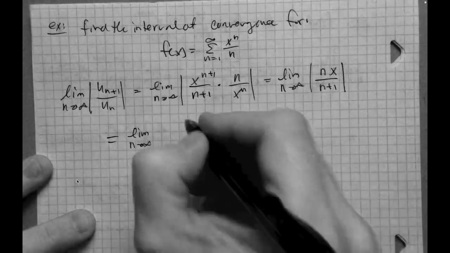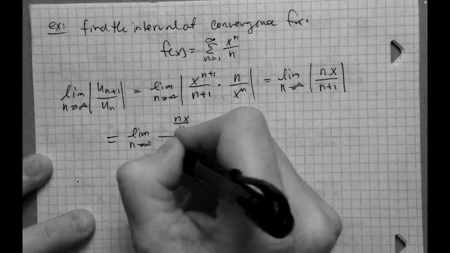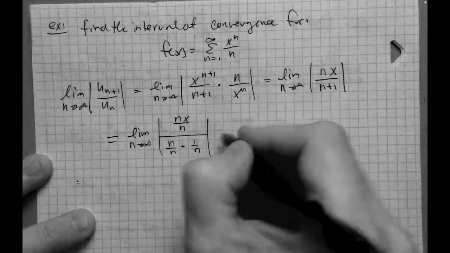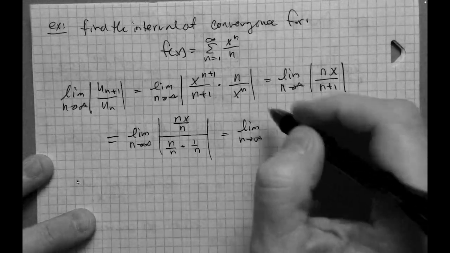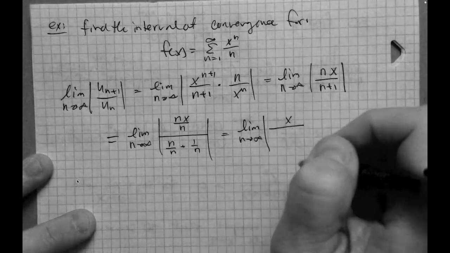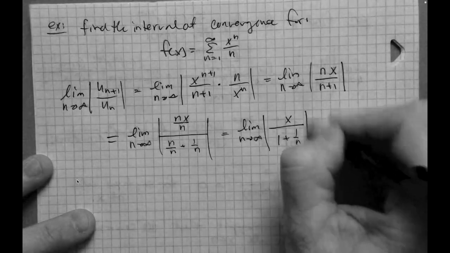Right, so you can think of it like this: n times x over n, divided by n over n plus 1 over n, absolute value still. This cleans this up and makes it a little easier to interpret. All right, but basically you've got x on top, and then down below you've got 1 plus 1 over n.